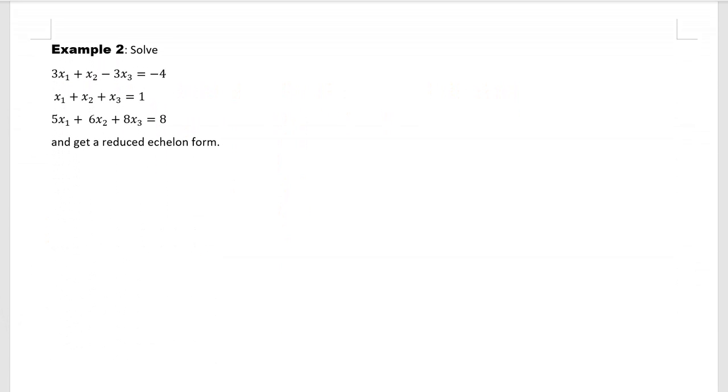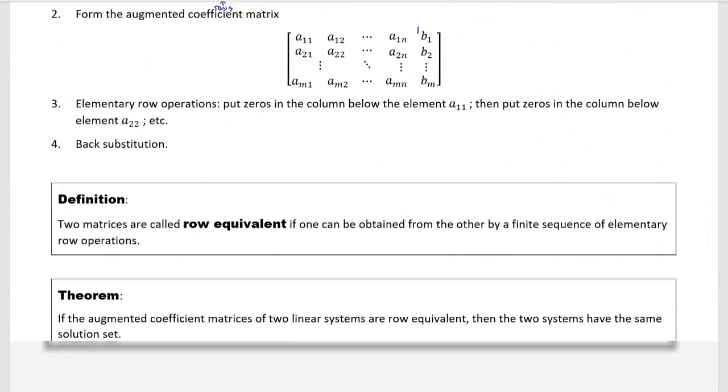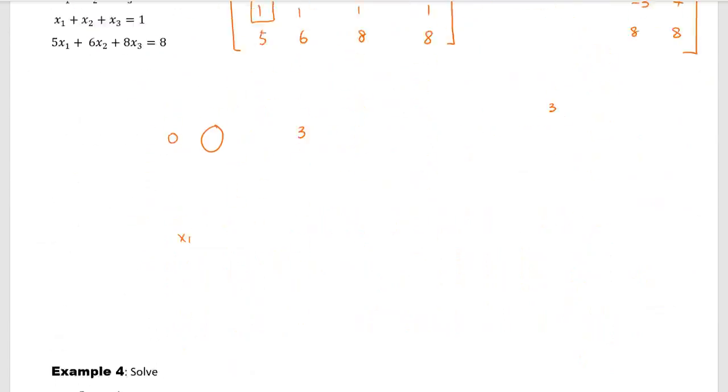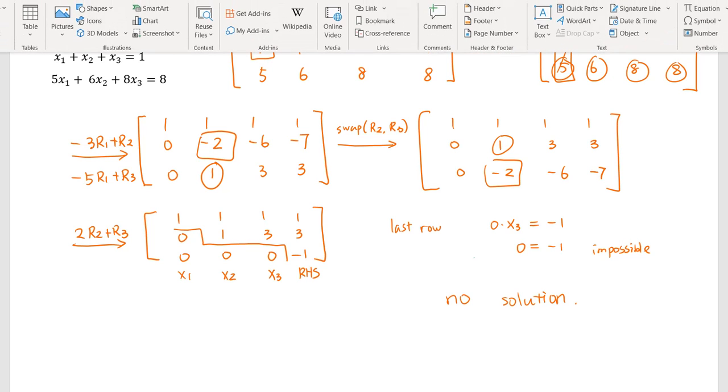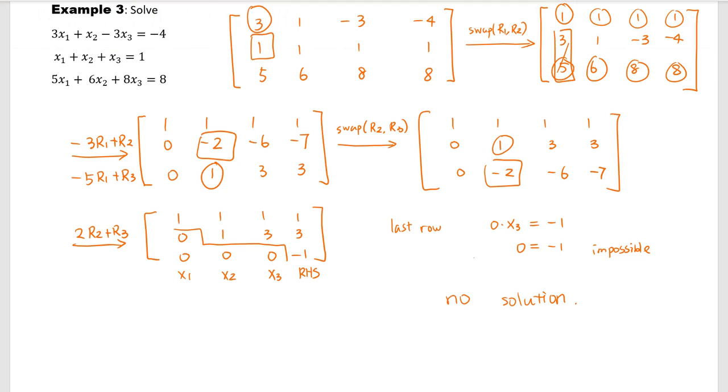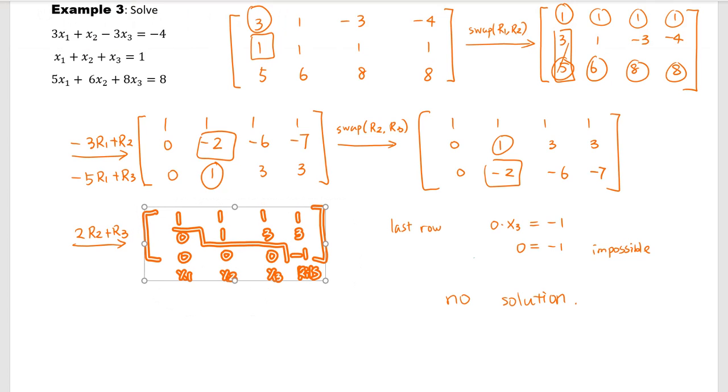So example 2 corresponds to example 3 of our last session. The echelon form is this one, so let me copy it.